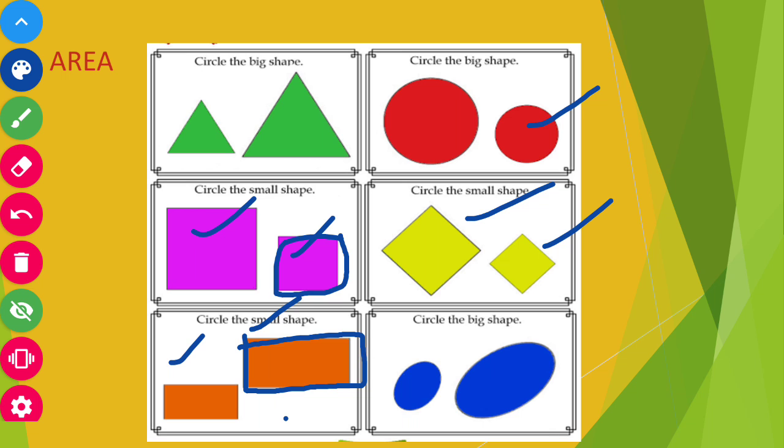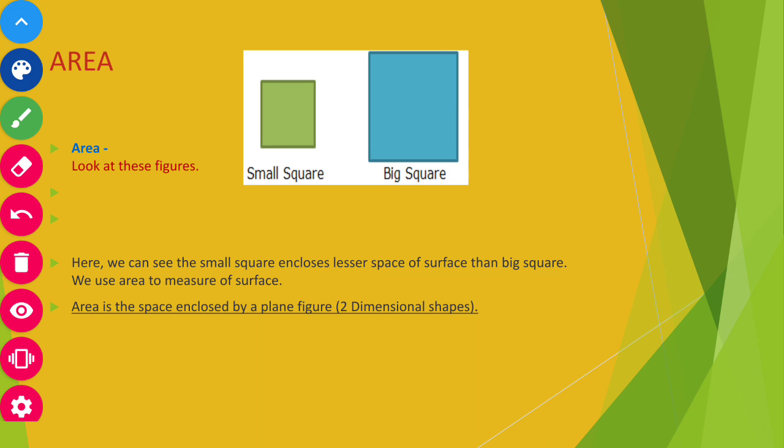When you compare these two ovals, which oval has the larger surface? Yes, the bigger will have the larger surface, isn't it? Let us see. Children, look at these two squares. As I said, I compared in the previous examples. Here this is a smaller square, this is a big square.